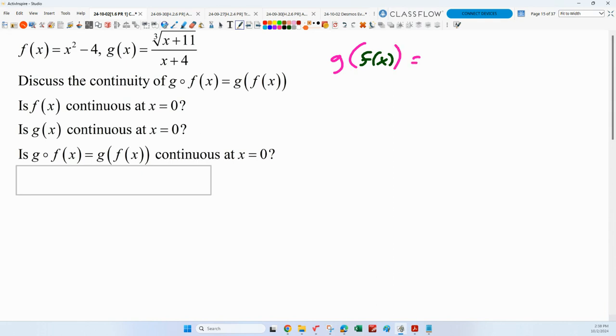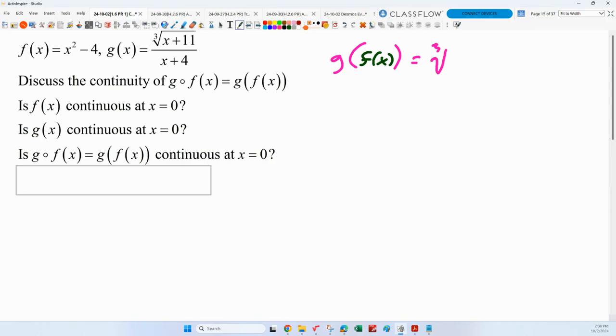So what is that? Well, what's g of x? g of x is this. What does that mean? g of input would just be the cube root of input plus 11 over input plus 4, agreed? So g of f of x is going to be what?